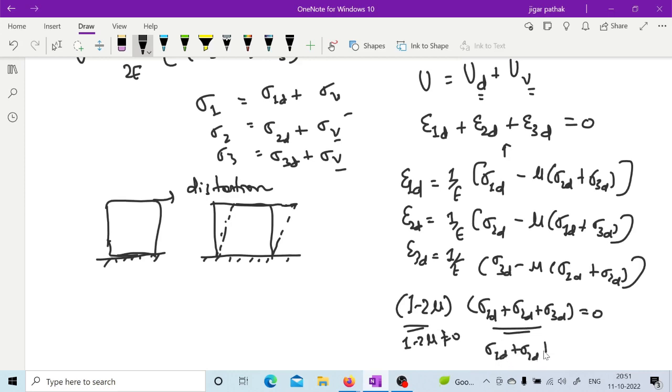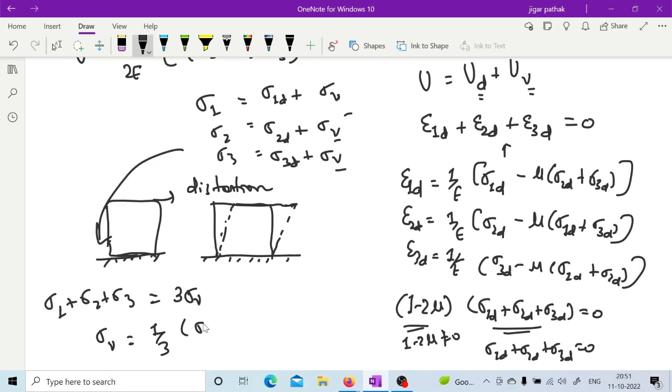Sigma 1d plus sigma 2d plus sigma 3d is equal to 0. Then if you take the sum sigma 1 plus sigma 2 plus sigma 3 from this one, you will have 3 sigma v equal to sigma 1 plus sigma 2 plus sigma 3. So basically sigma v is given by 1 by 3 times sigma 1 plus sigma 2 plus sigma 3.